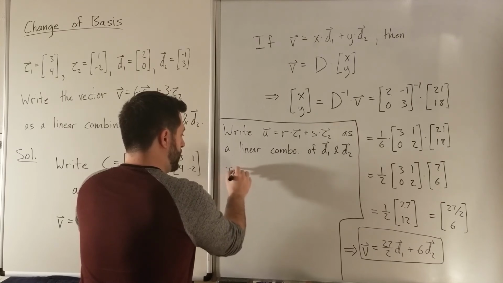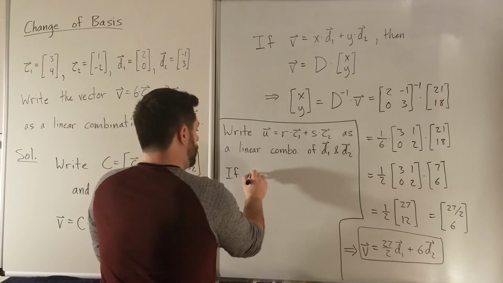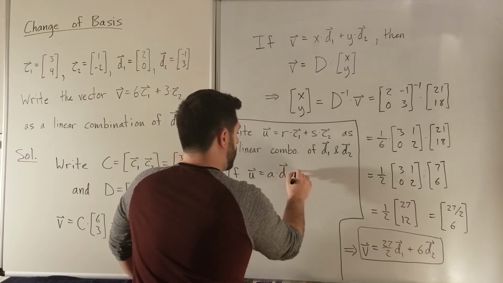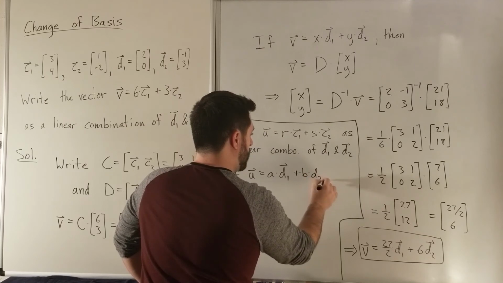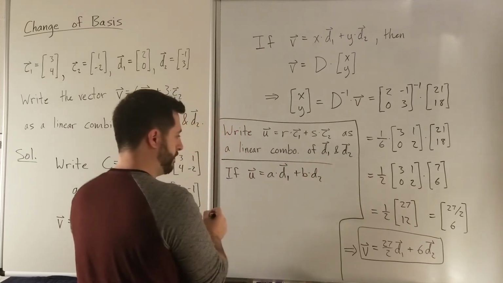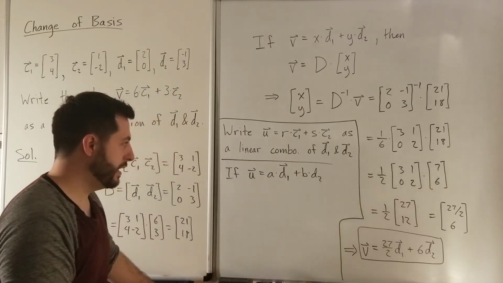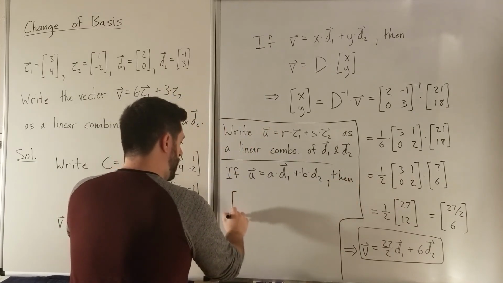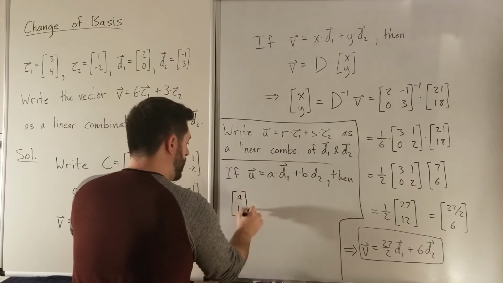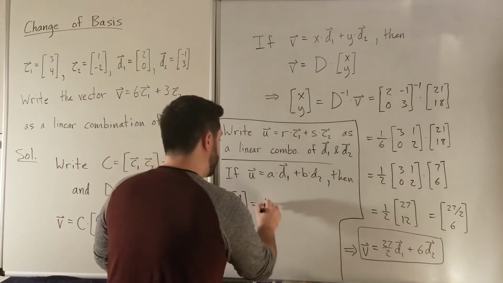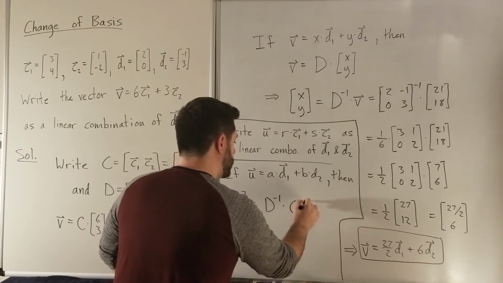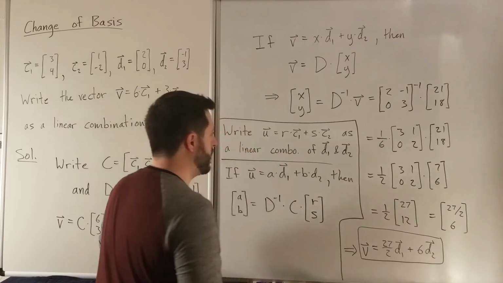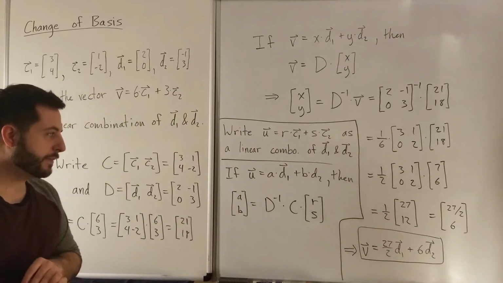So just to state this in the same way, if U is A times D1 plus B times D2, so this is the solution now, our goal is to find A and B. Then AB can be found by just doing D inverse times C times our original C coordinates, R and S. Okay, that's the exact process that we went through.